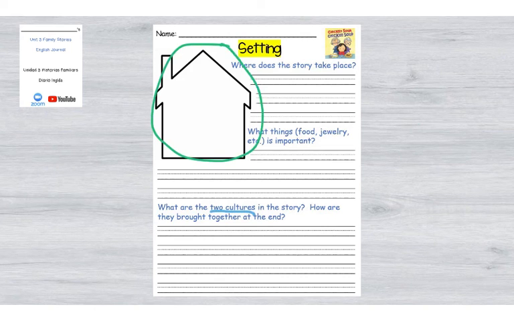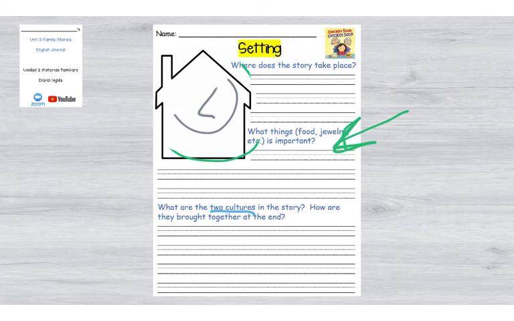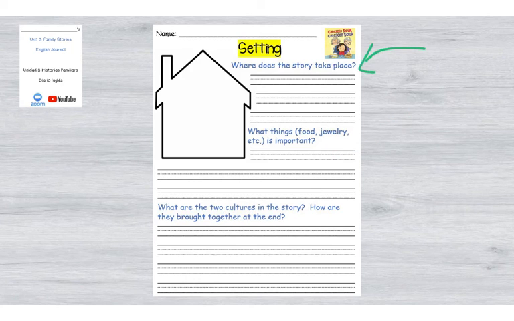And then in the house here, I want you to draw a picture of this question, actually. What was the food that was super important? And I'll give you one last hint. There are two foods. Well, there's one food, but two kinds that are important, okay? So where do they go in the story?